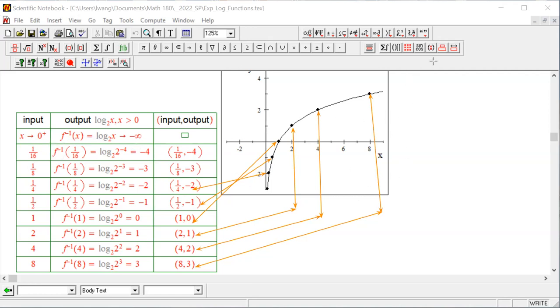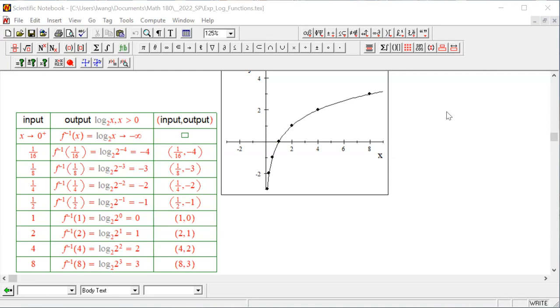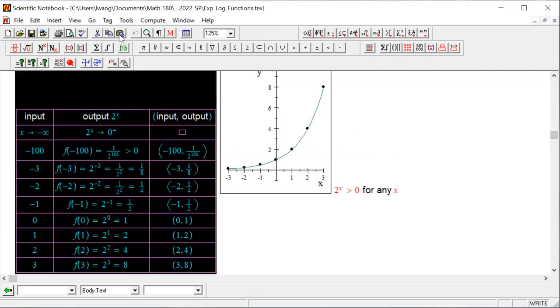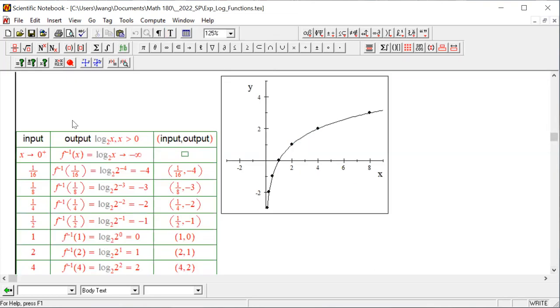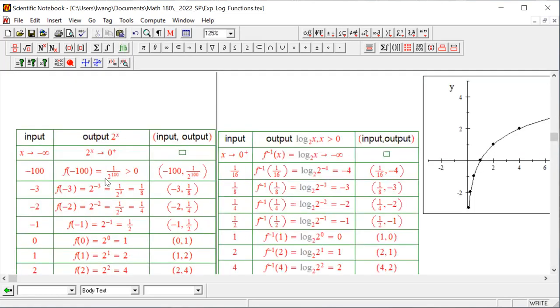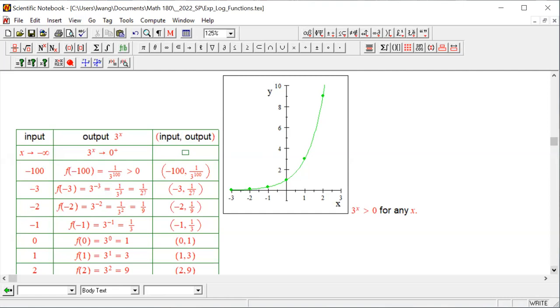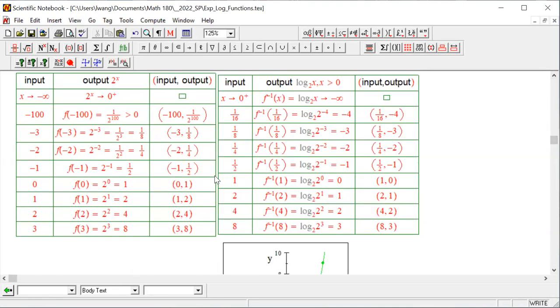And now if we bring them together, which we have done before, if we have this picture over, that's for 2 to the power x, and that's for log base 2 of x. If we bring the 2 pictures together, I'm going to bring that picture and put it right in the middle.